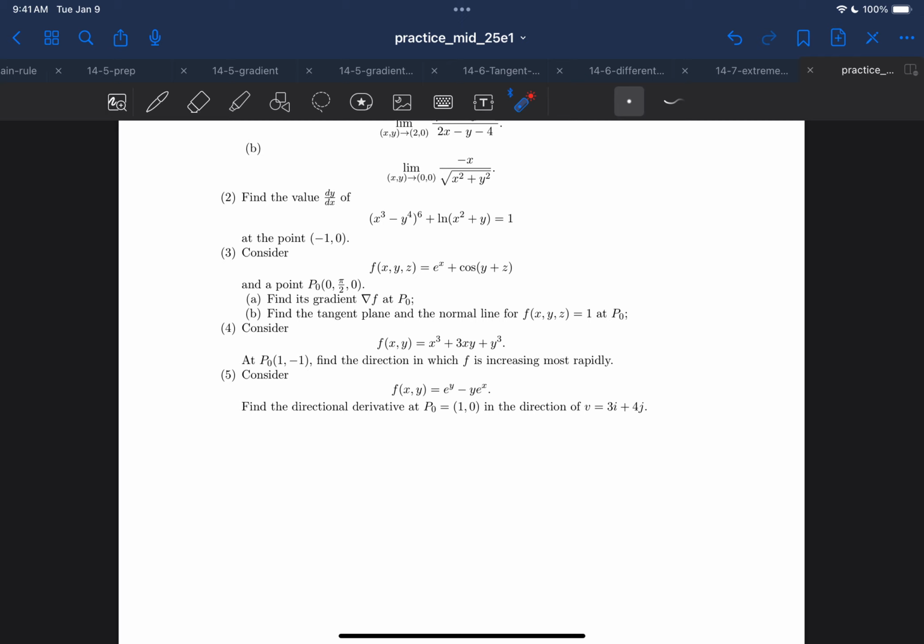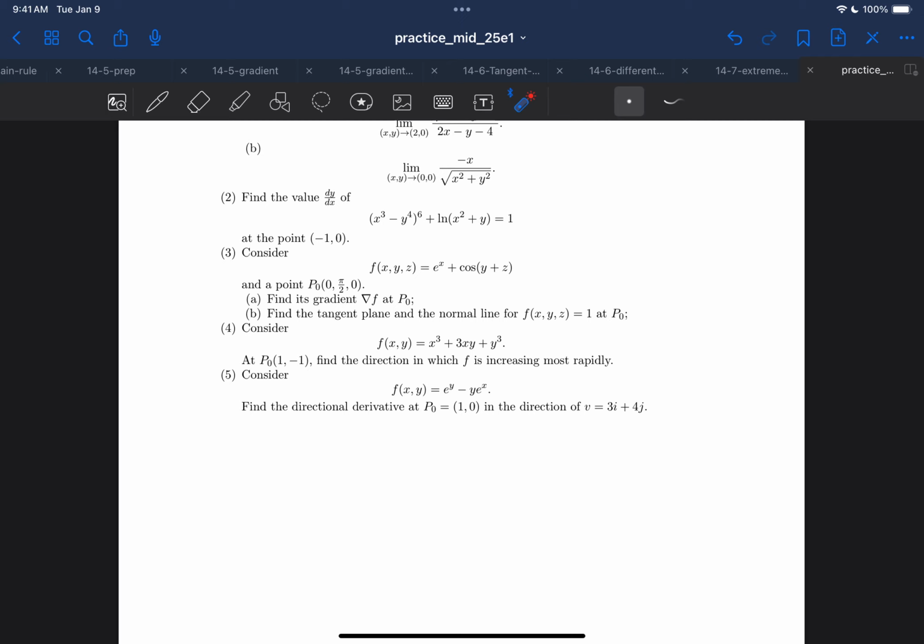Now the next thing is we have a function of two variables, and at a target point find the direction in which f is increasing most rapidly. In other words, you want to move in the direction of the gradient that gives you the most rapid increase.